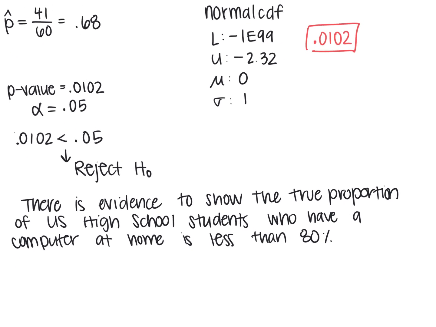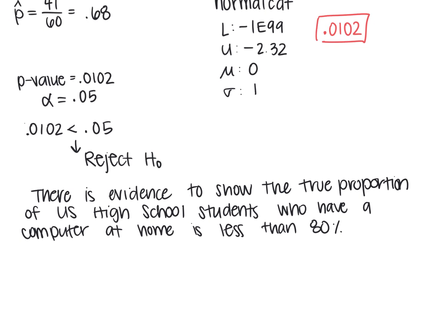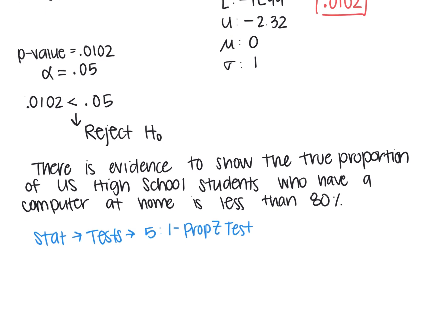And that second option is if you go to Stat and then Tests, you're going to go to number 5, which is a one prop z-test. And what it does is it performs a significance test for one proportion. So you need 4 things. You need your p naught, which is your null hypothesis, which in this case is 0.80.